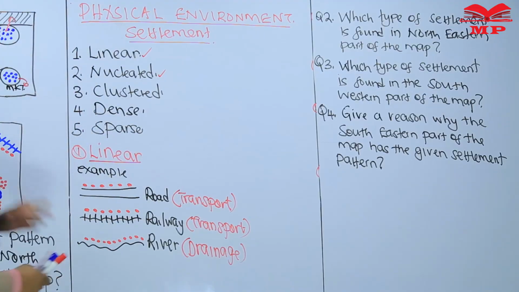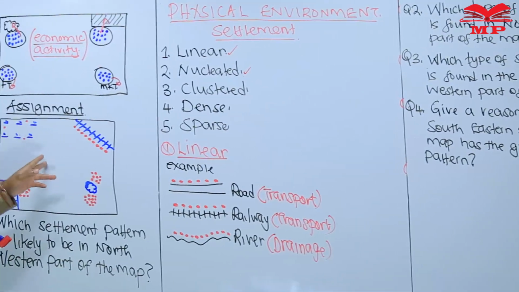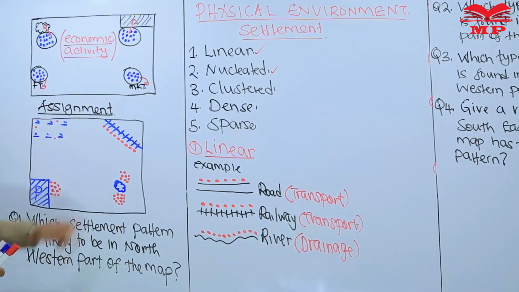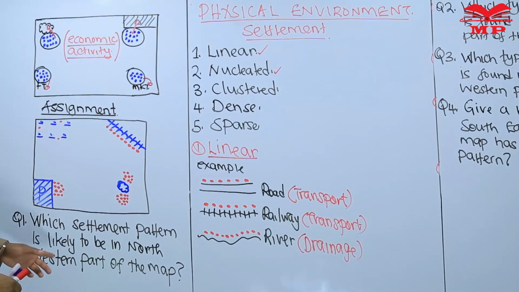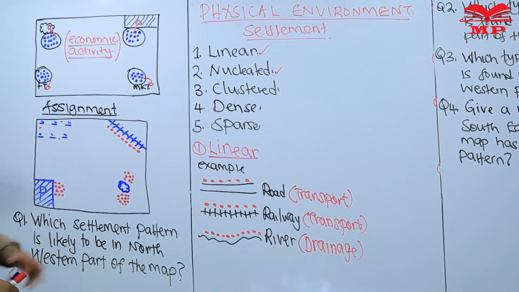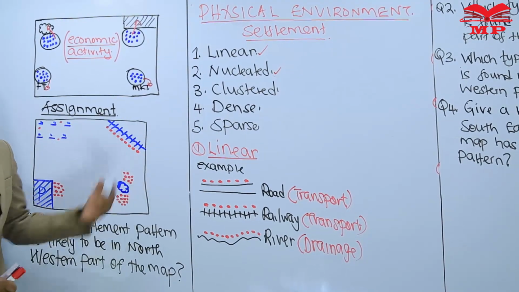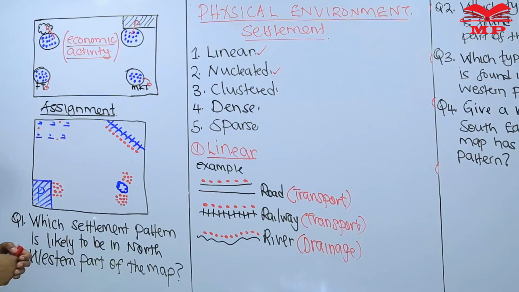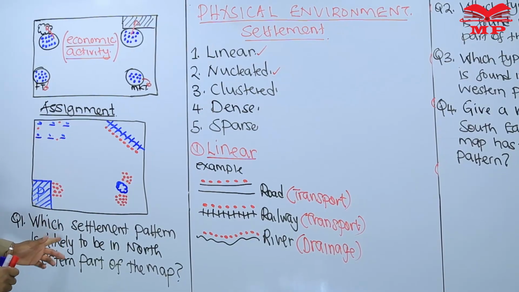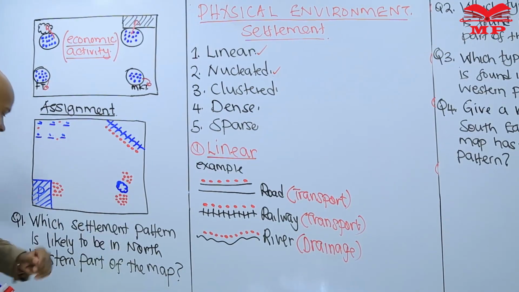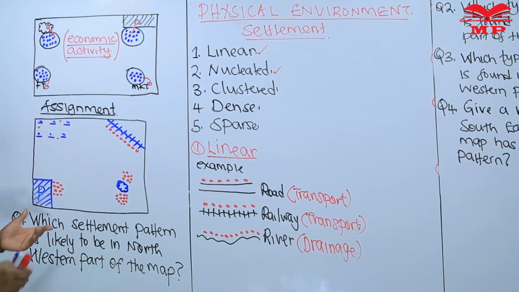And we are using this map here. Your assignment map is this one here. We have said that we have given a plantation, a quarry, a railway, and some scrubs. And each of them has a settlement pattern that we have already discussed. Question number 1 is only about identifying the pattern.